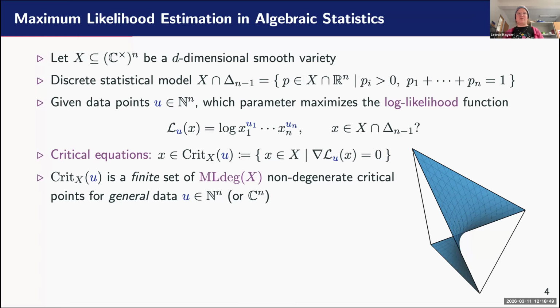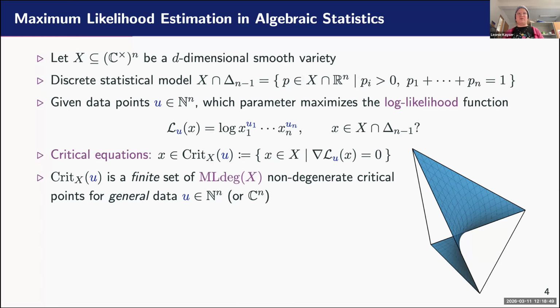Can I say more about the real versus complex points happening here? I can try. Of course, the statistical point of view only cares about real points. A statistical model is just a set of probability distributions, and discrete means that because we have just n states, we have a subset of R^n, this set Delta_{n-1}, the probability simplex, which is just real n-vectors that are positive and sum to 1.